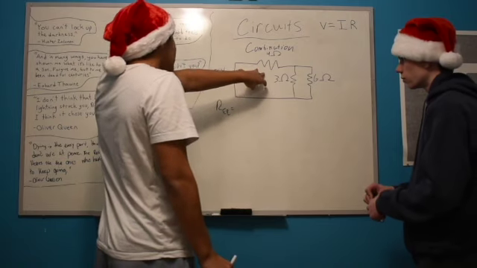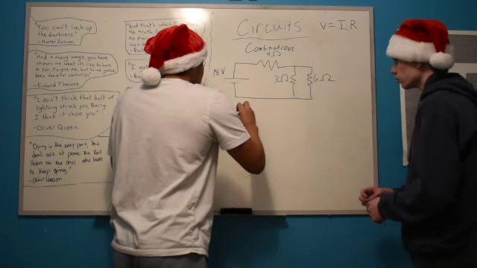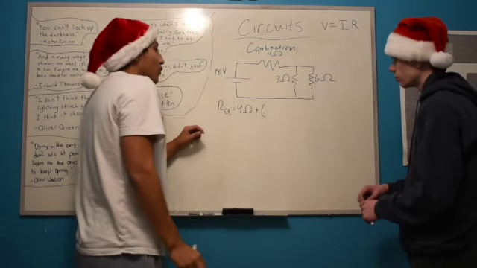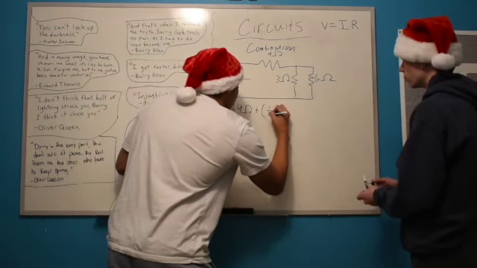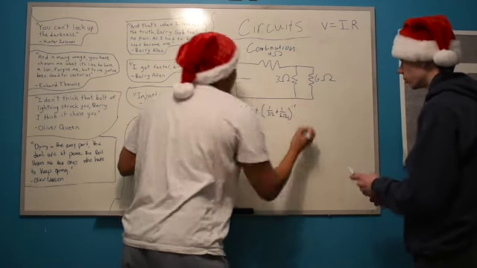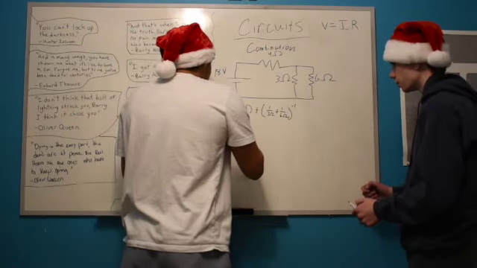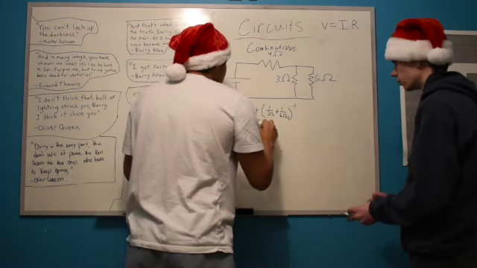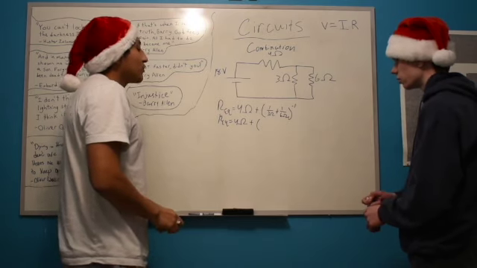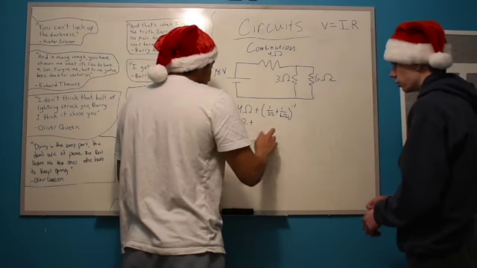For a series part, it's just the resistance itself of the resistor, which would be 4 ohms, plus 1 over 3 ohms plus 1 over 6 ohms, and the inverse of that for the parallel part. So in this case, that would be 4 ohms plus 1 over 3 plus 1 over 6, which is 3 over 6, or 1/2, to the negative 1. So it's just 2.